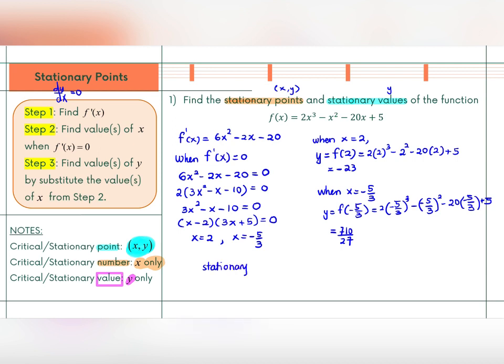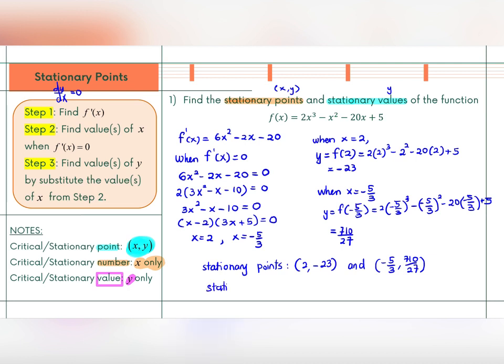Stationary point will be 2, negative 23 and negative 5 over 3 and 710 over 27. So ini adalah kita punya stationary points.